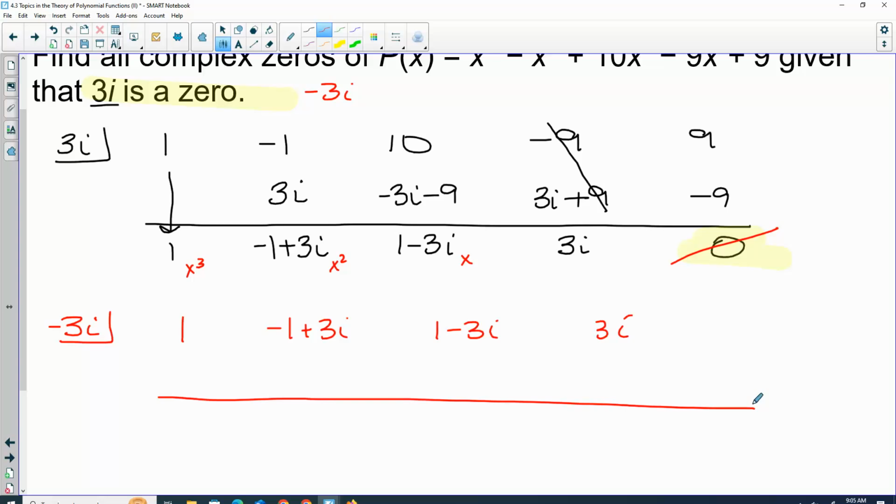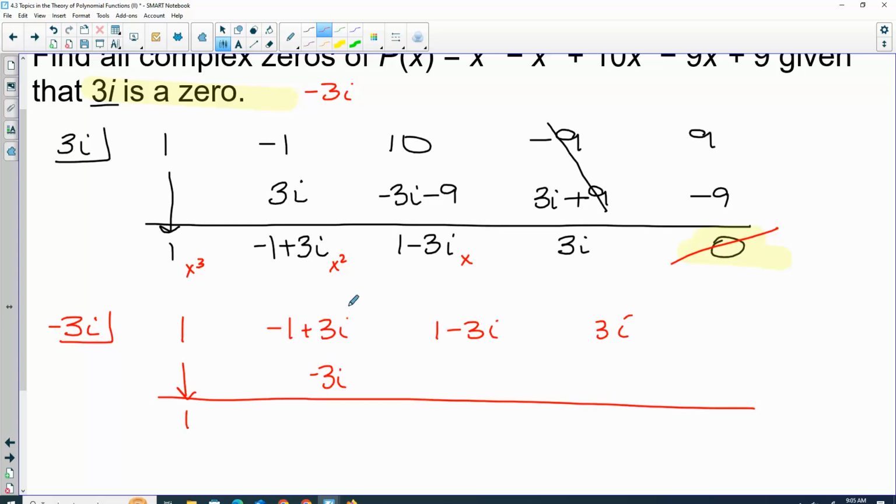Okay, so I gave you the first 0, but because it was imaginary, we know a second one. And so since I know 2 zeros, we divide twice. So 1 comes down. 1 times negative 3i is negative 3i.